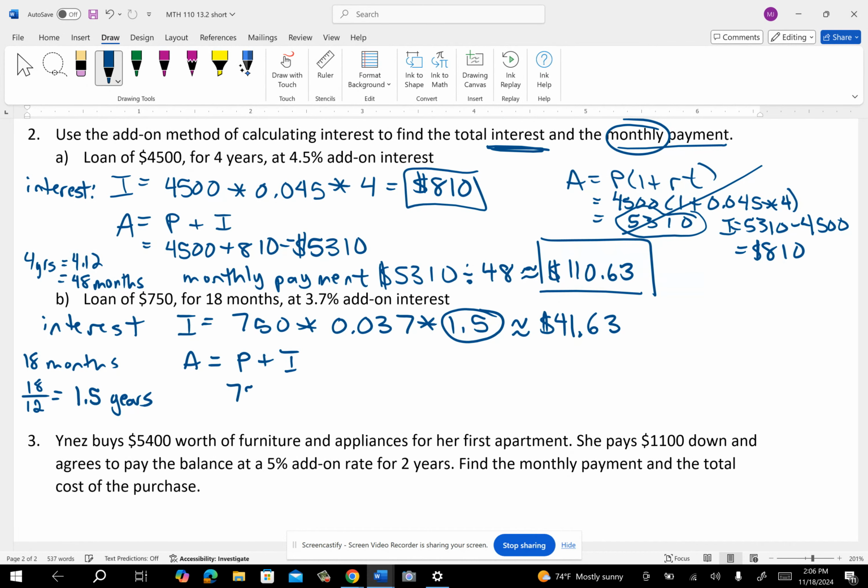So that would be the $750 I borrowed plus the $41.63. Okay, and that turns out to be $791.63. So that's the amount to be repaid.